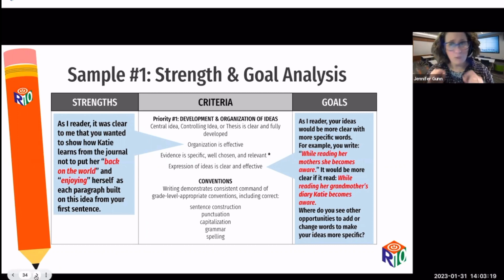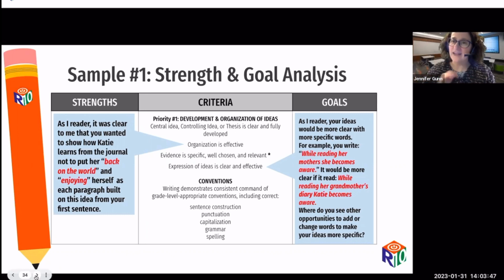It would be more clear if it read, "while reading her grandmother's diary, Katie becomes aware." You want to point specifically to a place that can have more specific words, clarifying that it was grandmother's instead of mother's, pointing out that there was a journal or a diary, making sure that she says Katie.